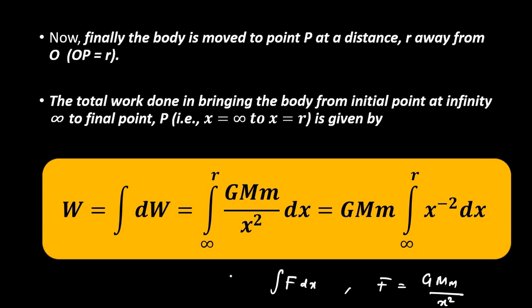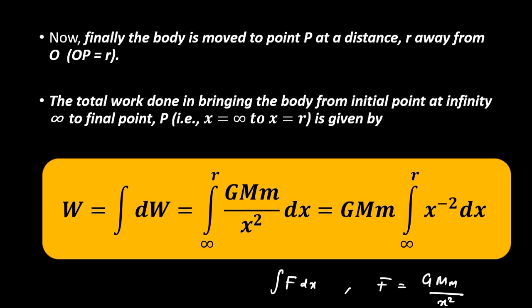Now capital G is constant, the two masses are constant, so they go outside the integration. Now we have lower limit x equal to infinity to upper limit x equal to R, integration of x⁻² dx.